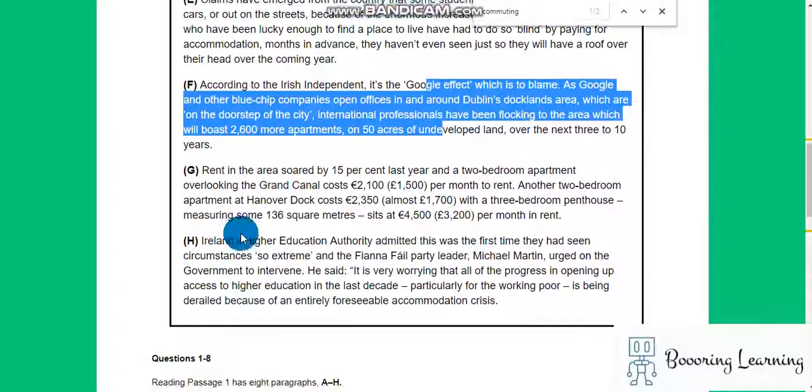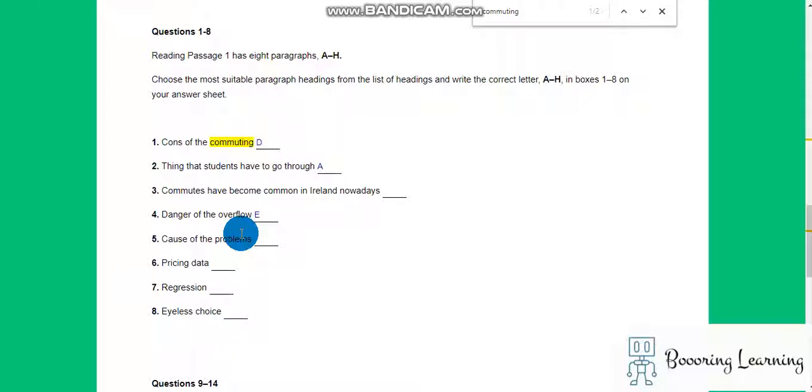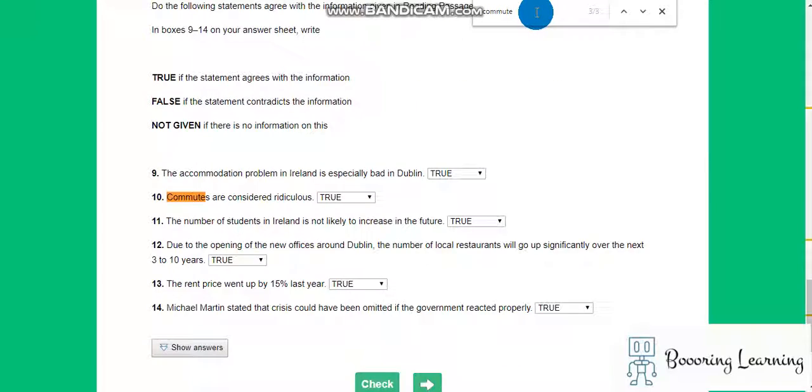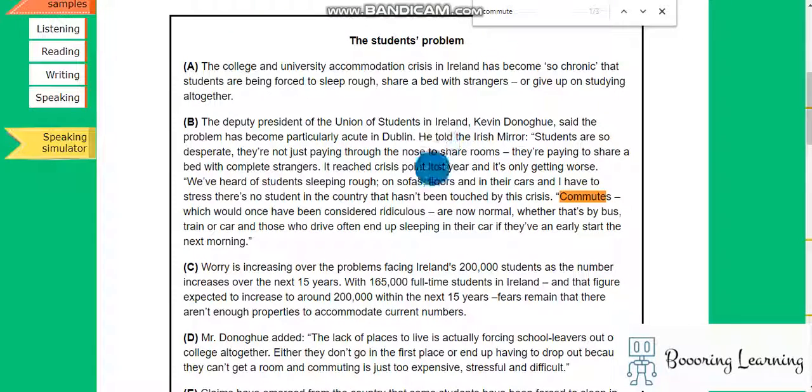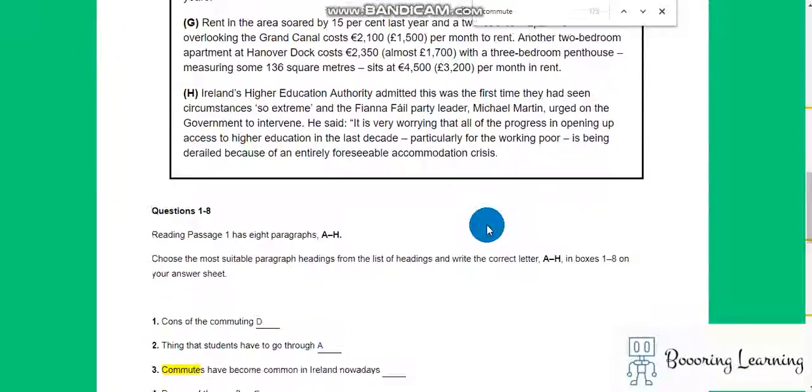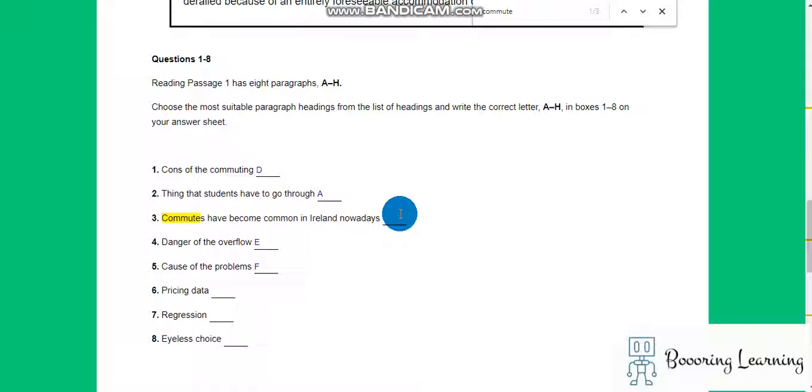Okay, it is the guilty. Cause of the problems. Commutes have become in Ireland nowadays. Commutes are now normal. Okay, B, become normal.